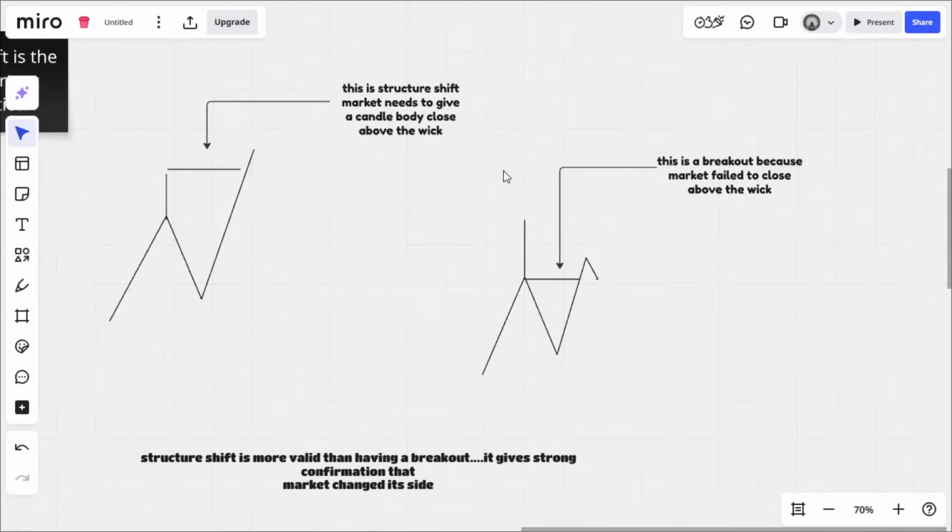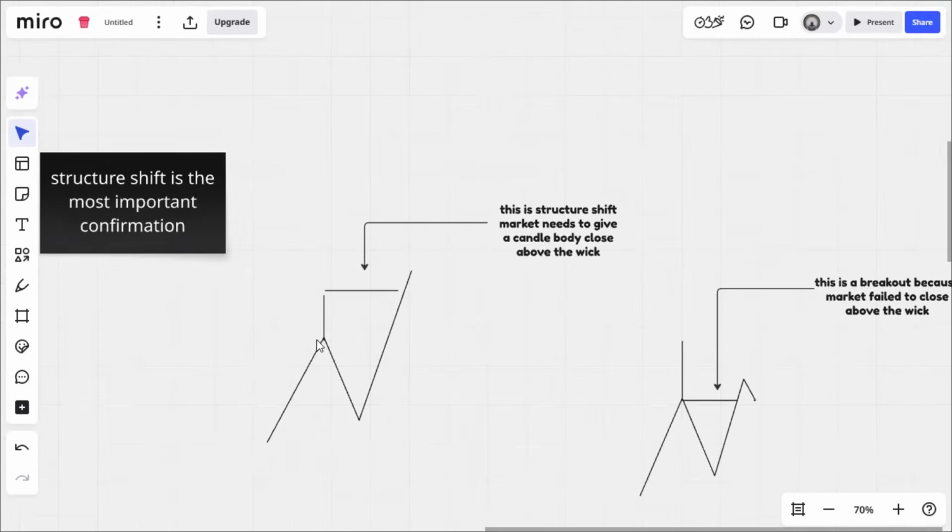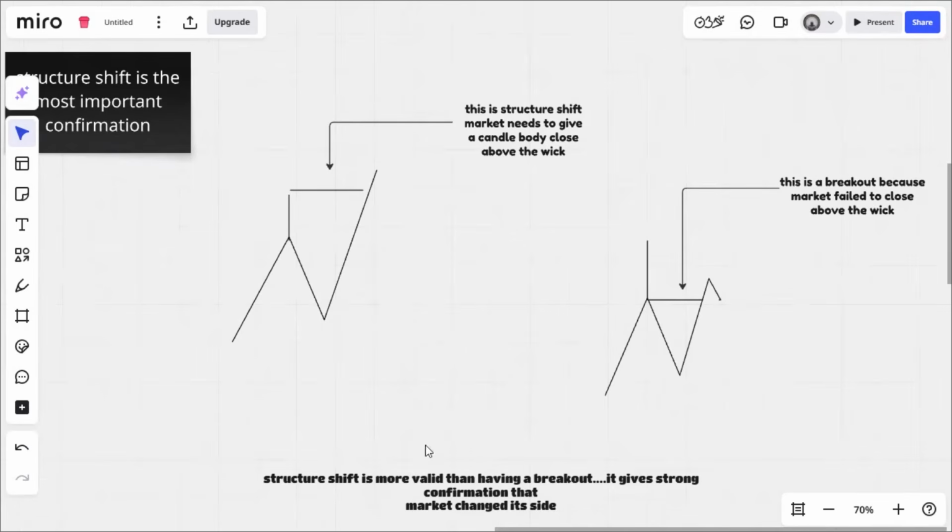So I trust structure shifts more than breakouts, because a structure shift gives me good setups, and the market is not going to reverse. Structure shift is the most important thing in my setup. In entry confirmation, I always look for a structure shift, higher time frame or lower time frame. It's got to be a structure shift, not a breakout.